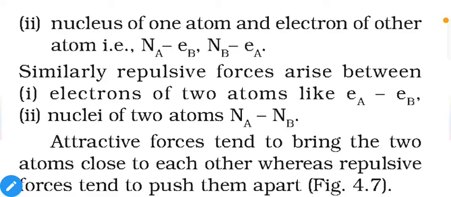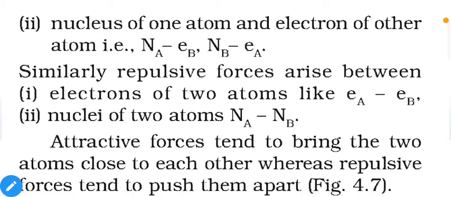Similarly, repulsive forces are also produced between two different atoms. Like charges will repel each other. That means electrons will repel electrons, so the electron of the first atom and the electron of the second atom will feel repulsion. So EA repels EB. Similarly, the nucleus contains positive charge, so they also repel each other.